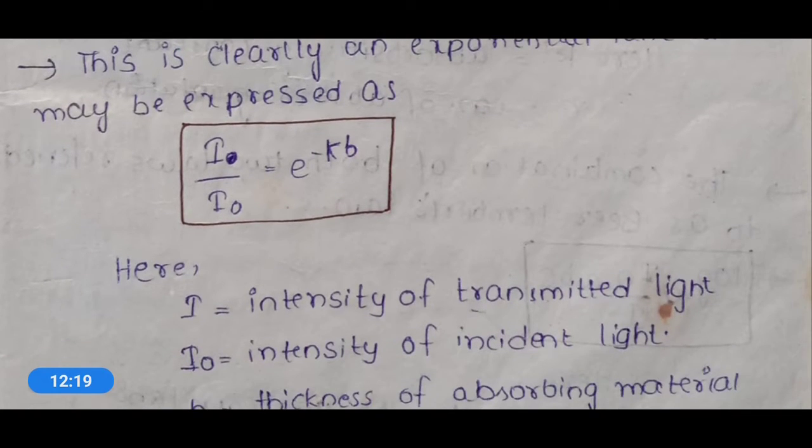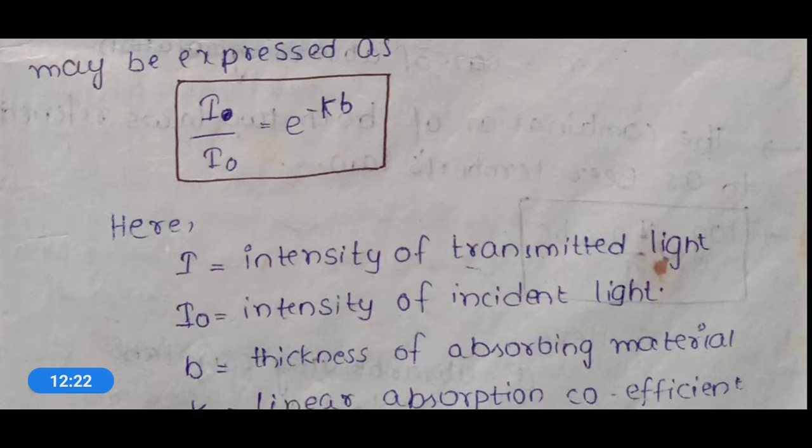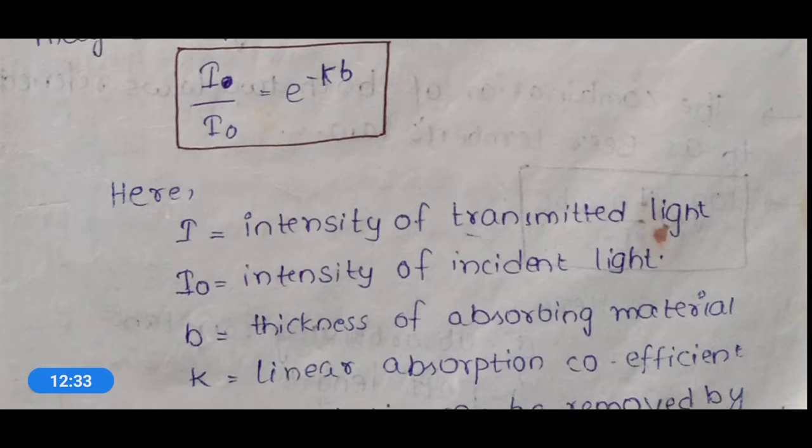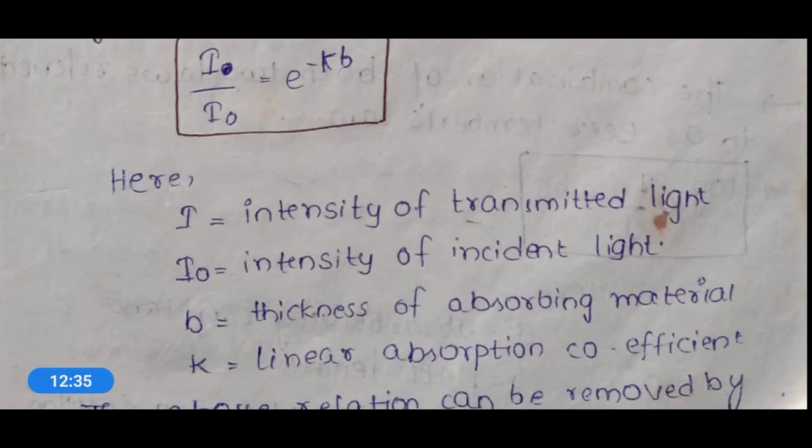Here I is the intensity of transmitted light. That means the light which is being transmitted through the absorbing material. Whereas I naught is the intensity of incident light. That means whatever light is being projected onto this absorbing material is denoted with I naught, and I is only the light which is being transmitted.